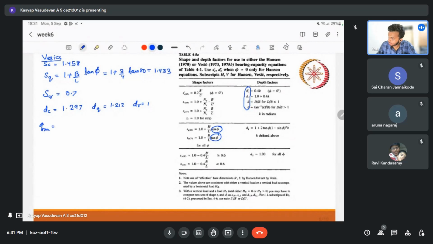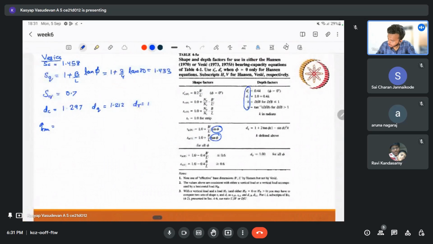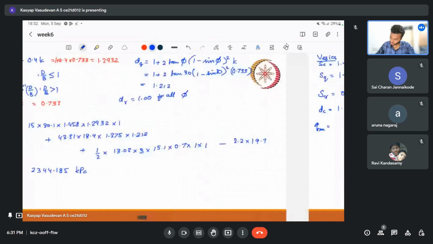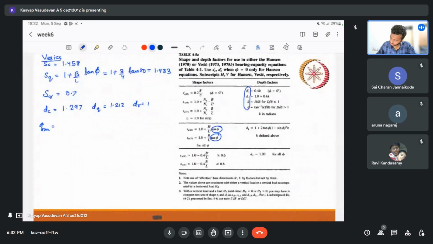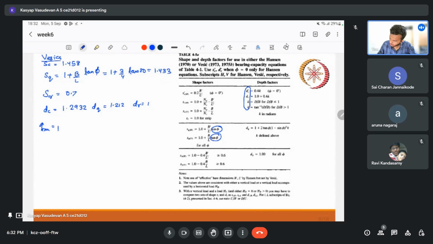Qnu is equal to the same thing. Okay, wait, I think I made a mistake here. The dc value is 1.2932.